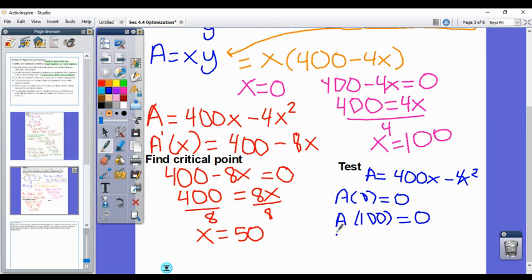And then we are going to plug in our 50. And if we plug in 50, we are going to get 10,000. Okay, so that tells me that when x equals 50, that's going to give me my max.